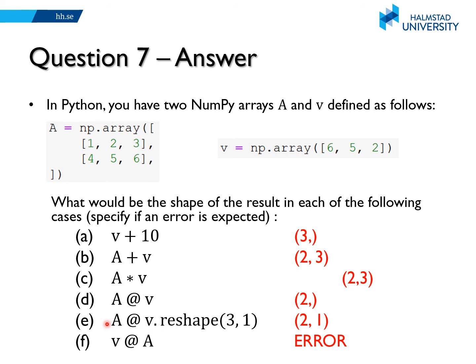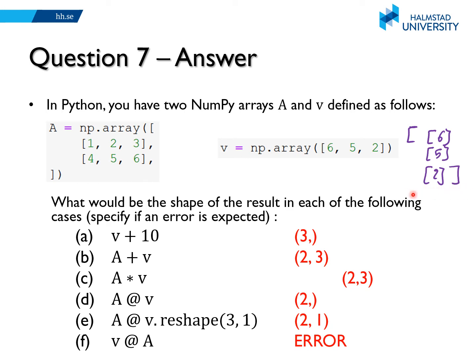Here we want to do the same kind of multiplication, but first we are reshaping the vector V, or the array V, so that it becomes a matrix or a two-dimensional array with 3 rows and 1 column. So after doing this, v.reshape(3, 1), you will get an array which looks like this. So it has 6, 5, and 2. So 3 rows and just 1 column.